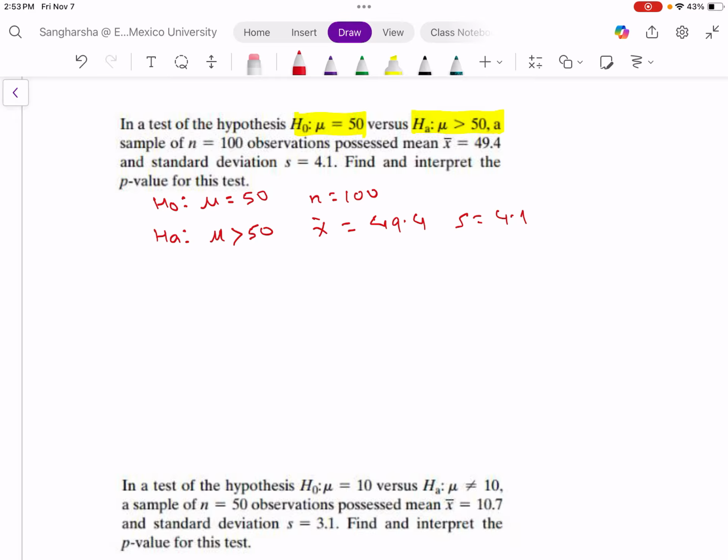We are asked to find and interpret the p-value for this test. Now we already have the null hypothesis and alternative hypothesis.